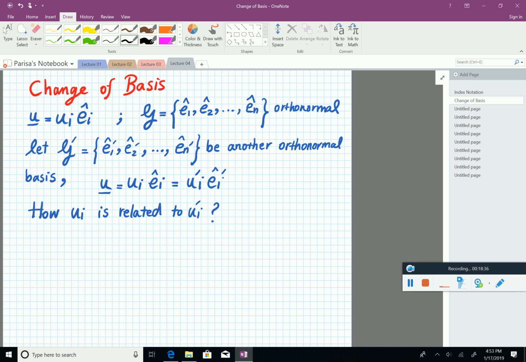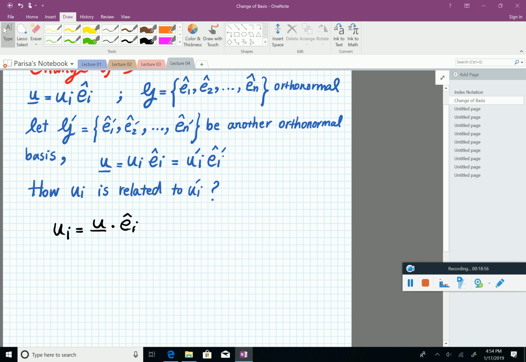So how do we start? Well, we start from the definition of components. How would we get the component u sub i in an orthonormal basis? We just use inner product, right? This is what we learned before. And if I want to write u prime i in terms of u_i, I can do exactly the same thing and write that the component is u inner product with e prime i.